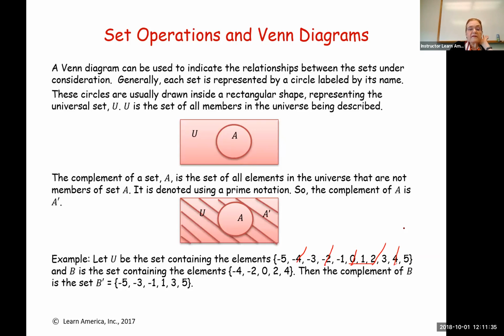Well, we're left with -5, -3, -1, 1, 3, and 5. So the complement of set B, written B prime, is the set -5, -3, -1, 1, 3, and 5. If we were representing this in terms of a Venn diagram, the set B would be the one that we would have in the circle, and the complement of B would be everything outside within the universal set.